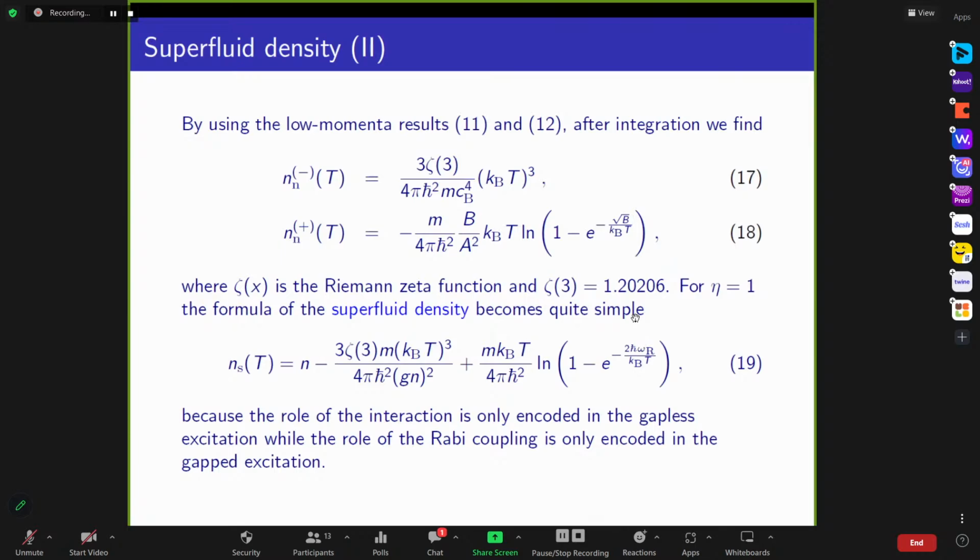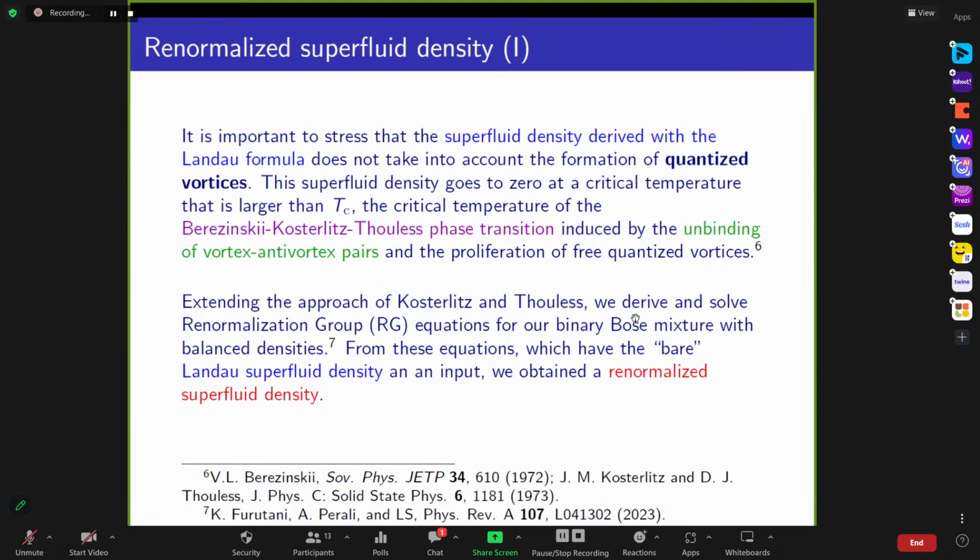Now, this result for the superfluid density, however, does not take into account the possible formation of quantized vortices at finite temperature, which are truly relevant in two-dimensional systems.